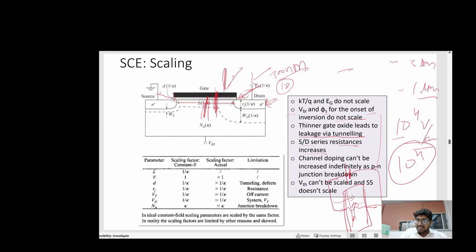And channel doping can't be increased indefinitely, because we are decreasing this doping to reduce this width.